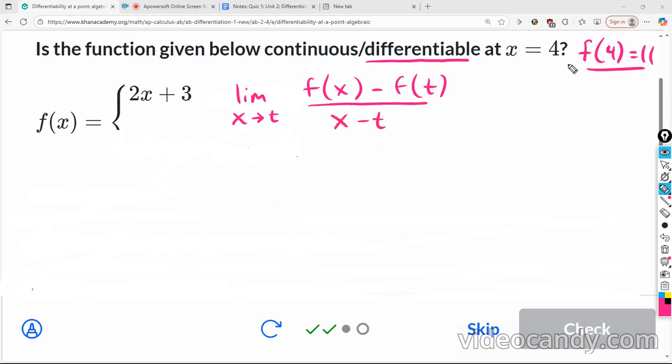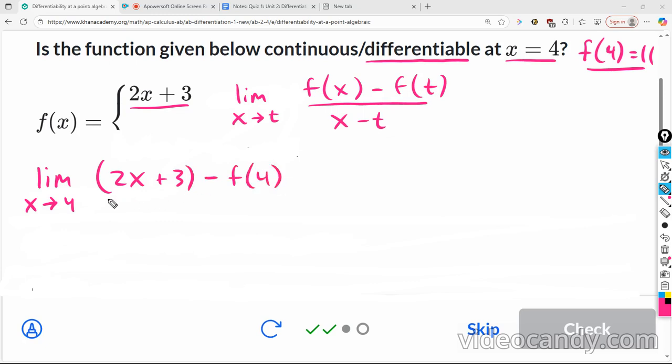All right, now we're evaluating at 4, so it's the limit as x approaches 4. F of x is 2x plus 3. F of t is going to be f of 4, so it's minus f of 4 divided by x minus t, but we said t is 4, so that's x minus 4.